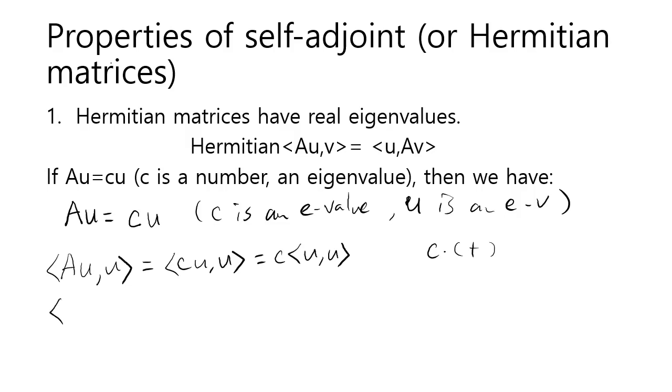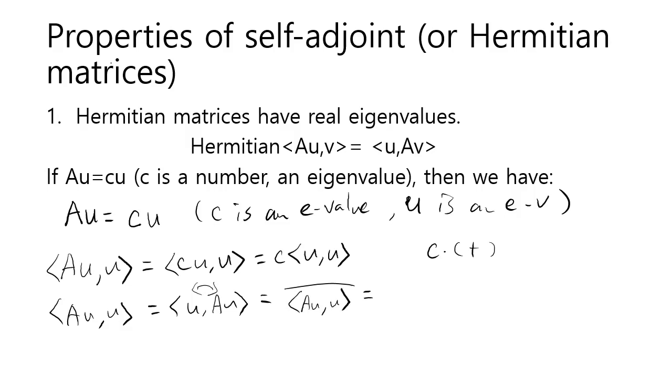Now, recall that being Hermitian means A can go over to the other side, so it's (U, AU). But then conjugate symmetry says you can interchange this at the cost of a bar.